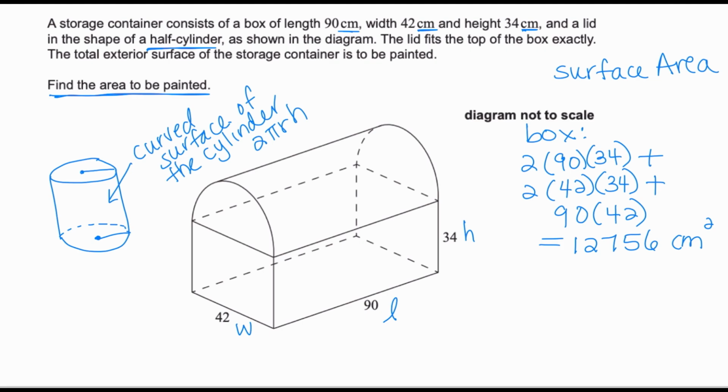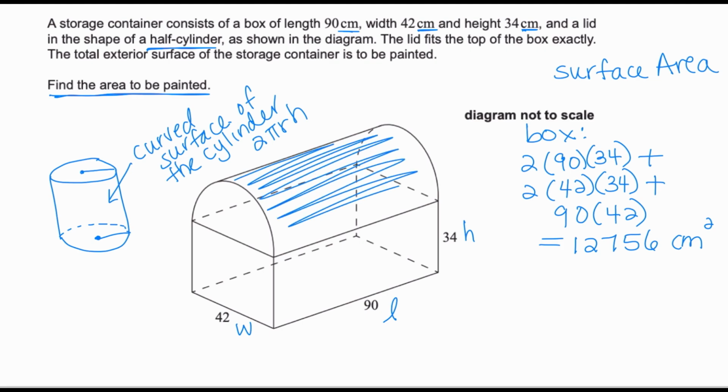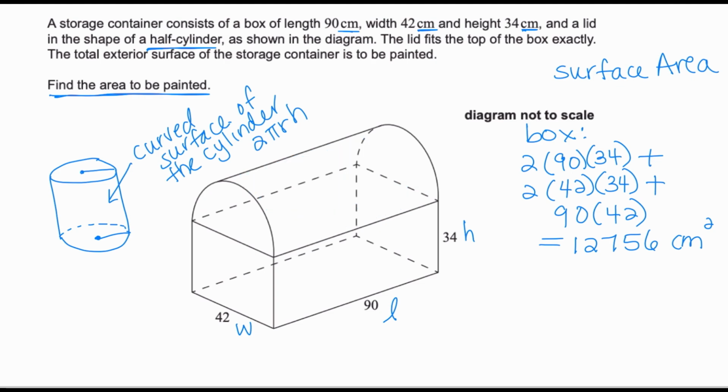In our case, we don't only want to paint just that curved surface, which is all of this part right here, but we also need to take into account the top and bottom circle, the two circles. So that means that I'm going to have to add 2 pi r squared. But then because this is in the shape of a half cylinder, I'm going to have to divide these answers by 2.